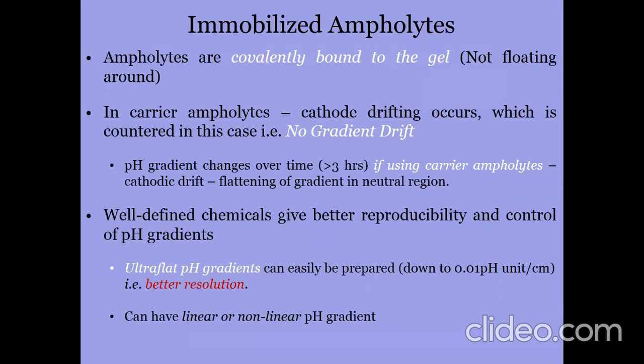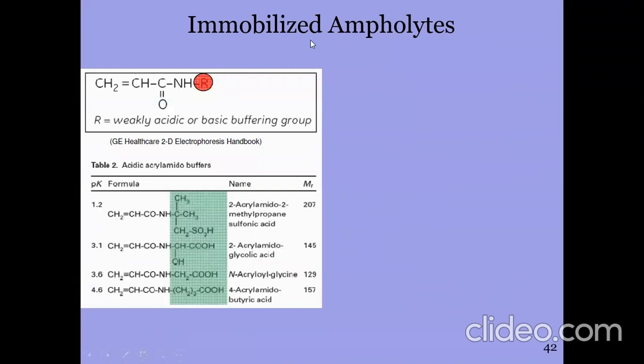Next are immobilized ampholytes, some examples of immobilized ampholytes. The R shows weakly acidic or basic buffering groups. Here you can see acidic acrylamido buffers, and there are multiple examples of them. This one is 2-acrylamido-2-methyl propane sulfonic acid.